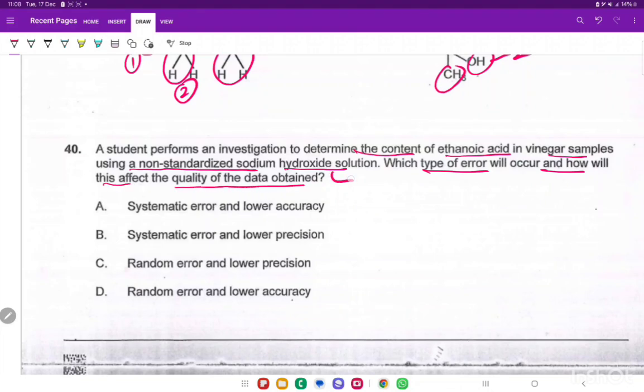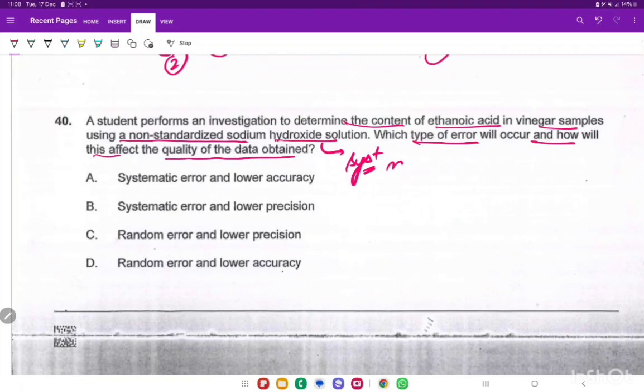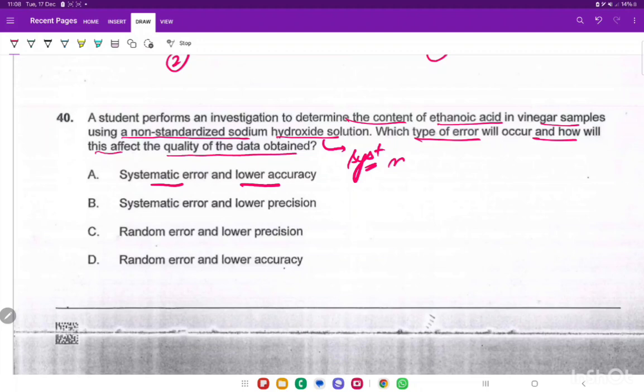Since it is a non-standardized solution, it is an error in the process, a systematic error, and systematic errors will always be repeated. Since it is a systematic error, it will not give an accurate result. Thus, the answer is systematic error and low accuracy. Question 40, answer A.